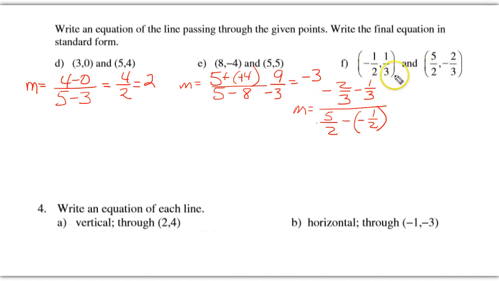And here, even though it looks a little bit weird, it's not too bad. A negative 3/2 and a negative 1/3 give us a negative 3/3, which is a negative 1. And this is going to be the opposite of a negative, makes this a positive. So 5 plus 1 is 6. Divided by 2, that's 6 divided by 2 is going to be 3. So our slope here is a negative 1/3.